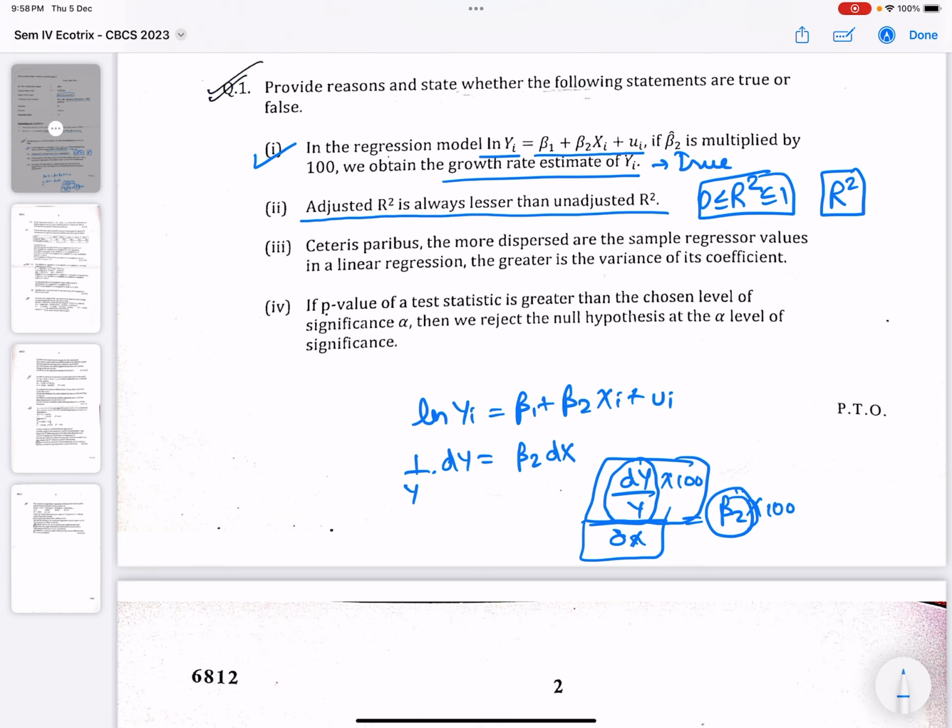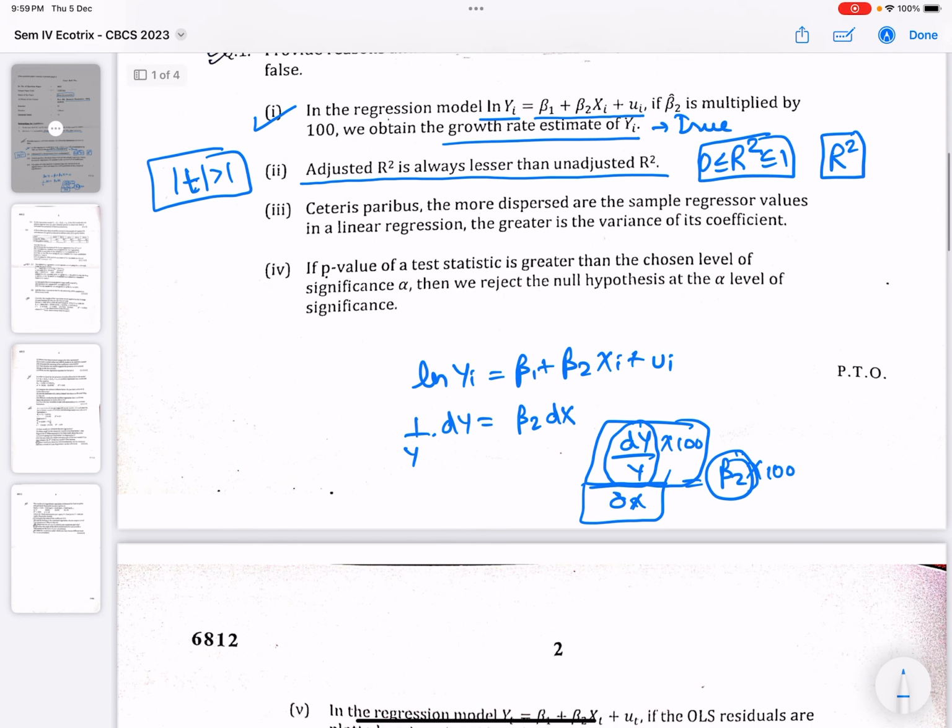Adjusted r square only increases when the mod t value of the variable that we are adding to the model is greater than 1. So adjusted r square increases only when a relevant variable is added to the model, whereas r square, in most cases, increases, and it would remain the same only when the variables are irrelevant. So this is also true.